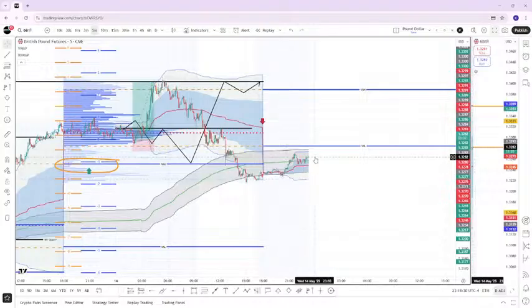Midnight price is not out yet. Got 40 minutes till midnight price New York.